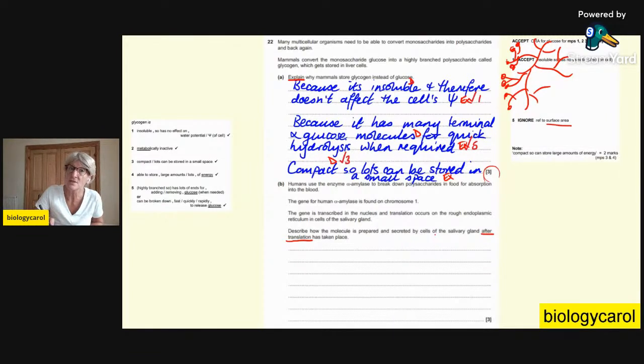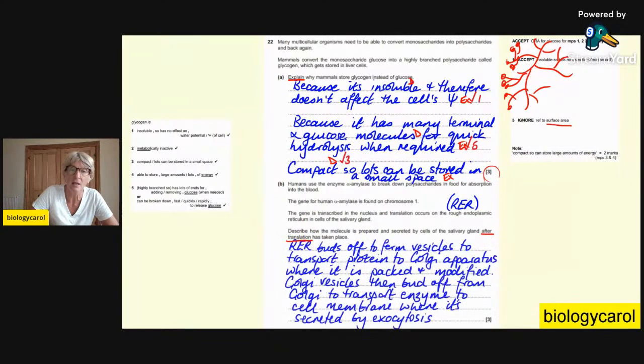And what happens is that it is transported from the RER to the Golgi apparatus. The Golgi apparatus modifies it, and then it is moved from the Golgi apparatus to the cell surface membrane of the cell. Now, here I'm trying to cut down what I have to write. So I'm telling the examiner that I'm going to use RER for rough endoplasmic reticulum, and here is my answer.